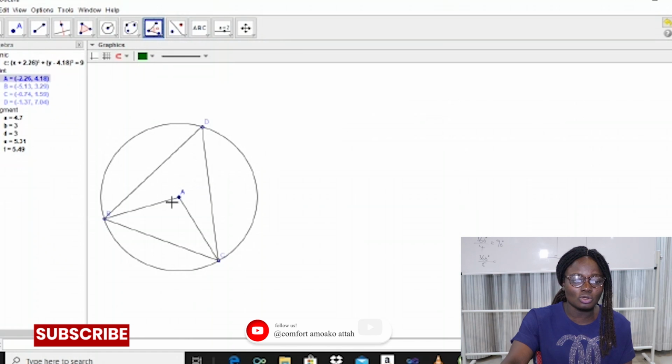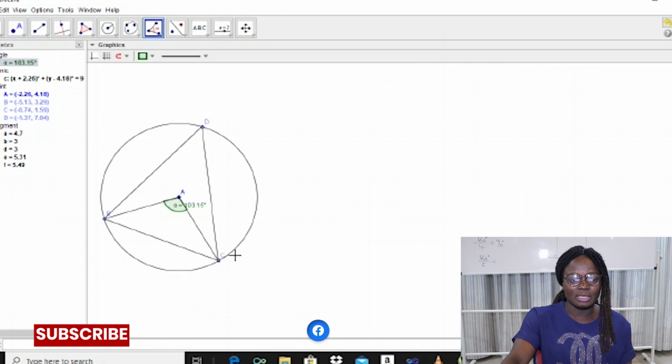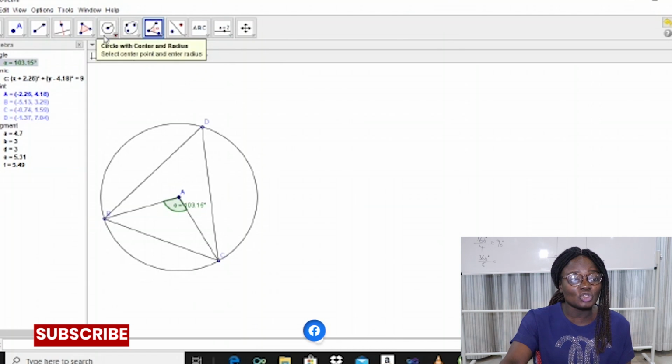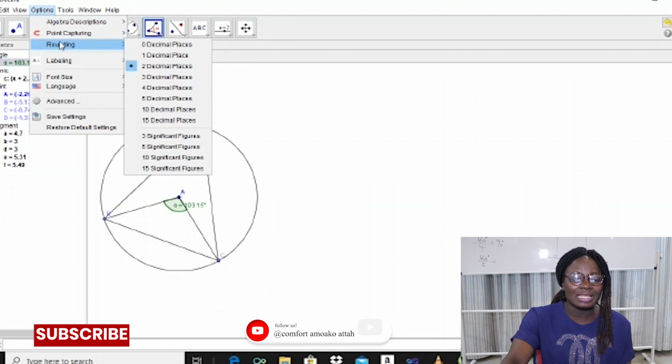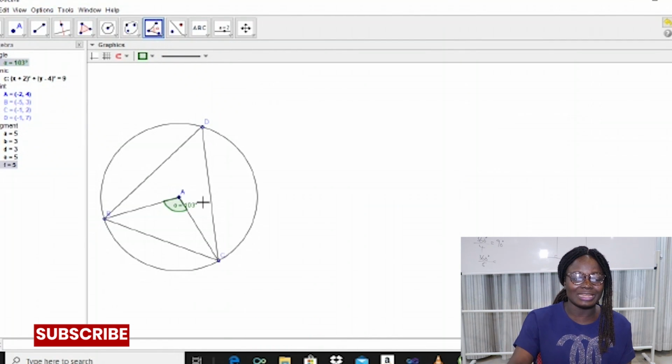So I'm going to find the angle B, A, and C. And this is giving me 103.15 degrees. I don't need a decimal, so let's come to options and select rounding. Then let's round our figure to 0 decimal places. So our decimals are no longer there.